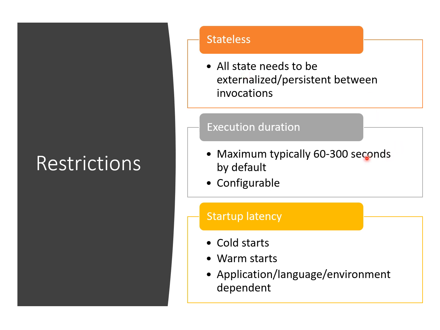Also, there's normally a maximum duration on the invocation for a single function. It varies from platform to platform, but you'll see things in the range of 60 to 300 seconds. After that, the platform times out an invocation with an error.